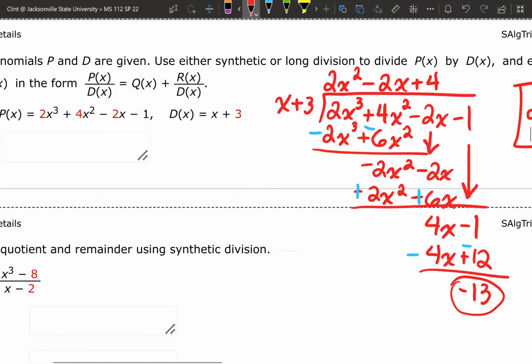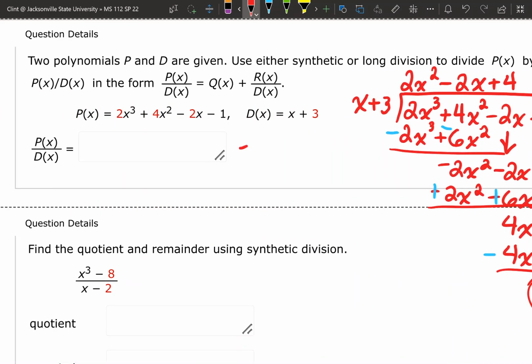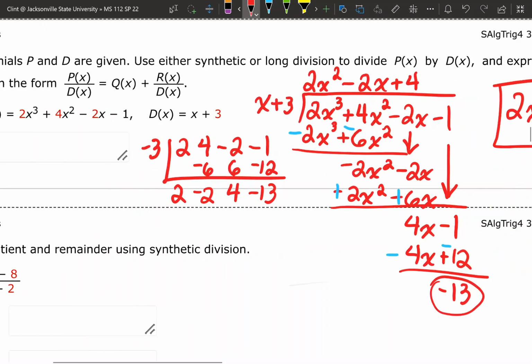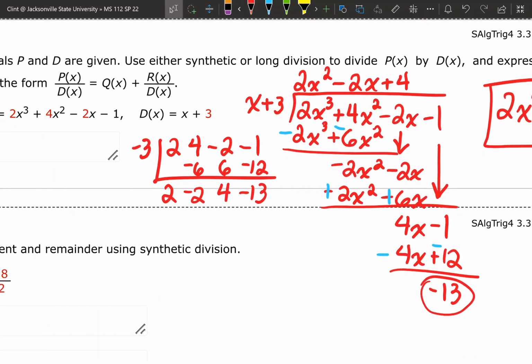We could check it with synthetic real quick if we wanted to. Since synthetic's so fast. Yep, looks right.